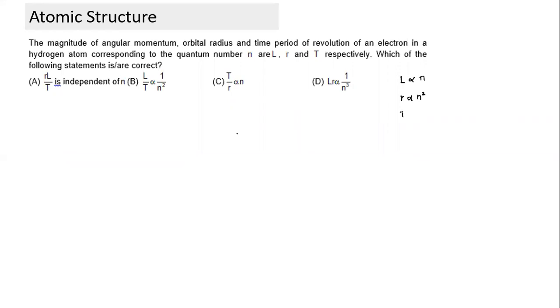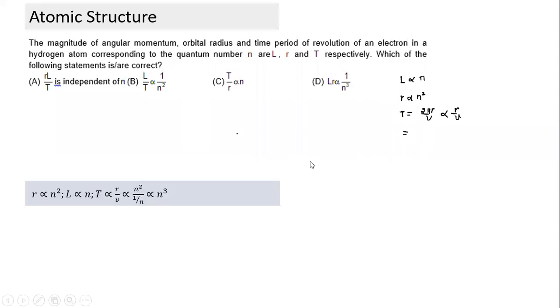How do you find what time period is proportional to? Time period we also need to find. Time is proportional to 2 pi r by v, and then we substitute both these terms here. n cube, so this is something we can easily find an answer.